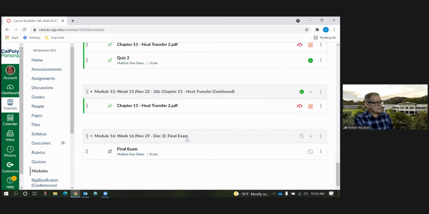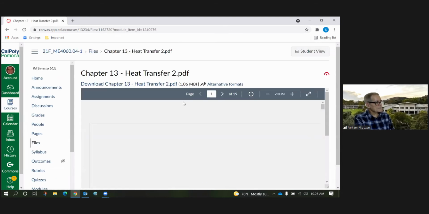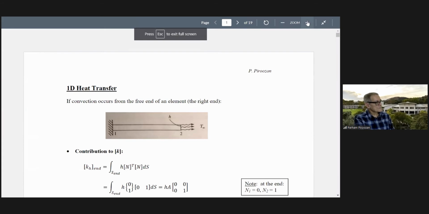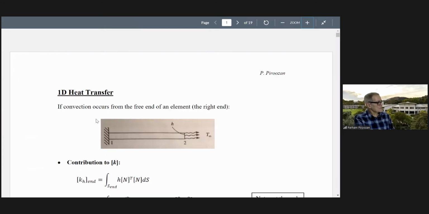This is the modules, go to this. This is the last document that we are going to discuss. So this is when we have convection taking place from the tip of the last element, like what you see here.